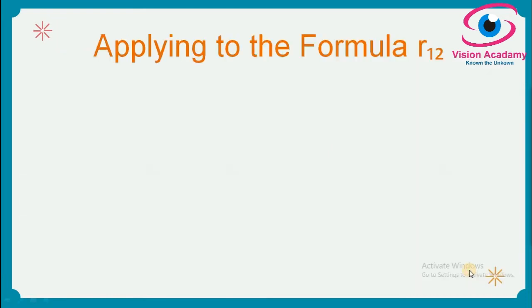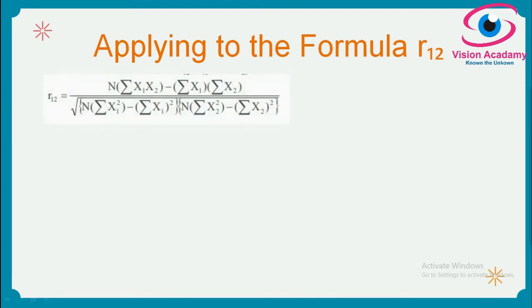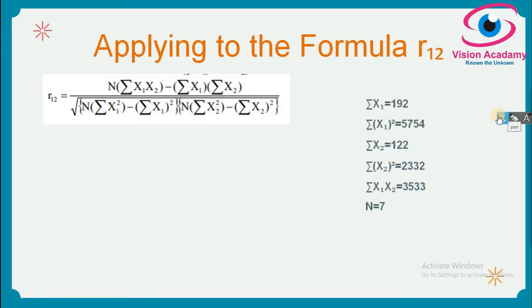Now let us obtain the values one by one. Firstly, let us obtain the value of R12. We know the formula for the zero order correlation coefficient for R12 is this, and we need this information to apply to the formula. Here we need summation x1, which is 192, summation x1 square, 5754, summation x2, 122, and summation x2 square, 2332.